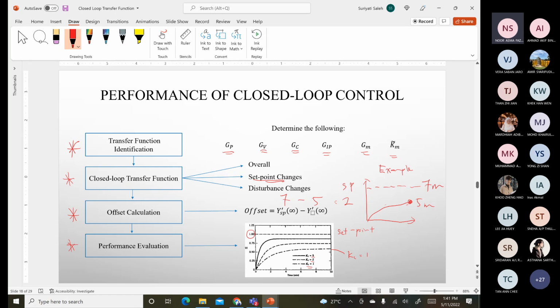So can you further improve it? You put another value of Kc and you check. When you put Kc equal to 2, you can see the response is slightly better than Kc equal to 1. It's getting closer to the set point. So you increase to 5. When you see this line, the solid line is getting closer to your set point, which indicates the improvement. So this is what we want to observe by doing the closed loop control system.